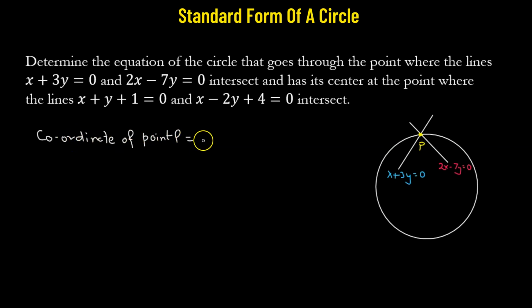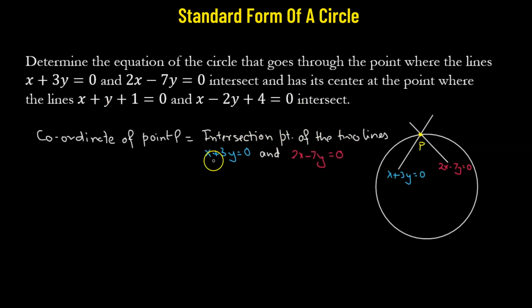That will be equal to the common intersection of the two lines, x plus 3y equals 0 and 2x minus 7y equals 0. So let's do that. x plus 3y equals 0 is nothing but x equals negative 3y. We'll call it equation number 1.